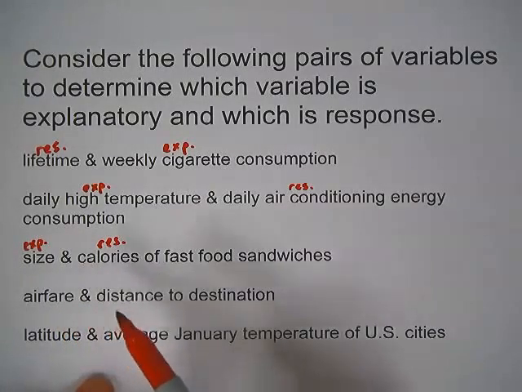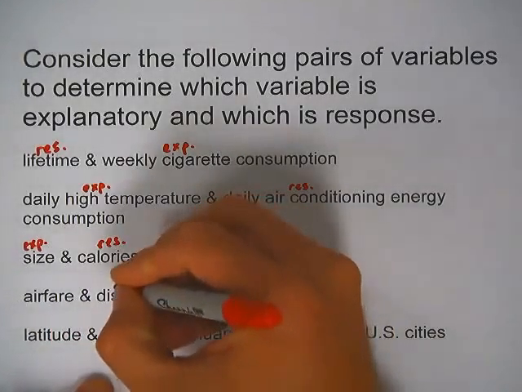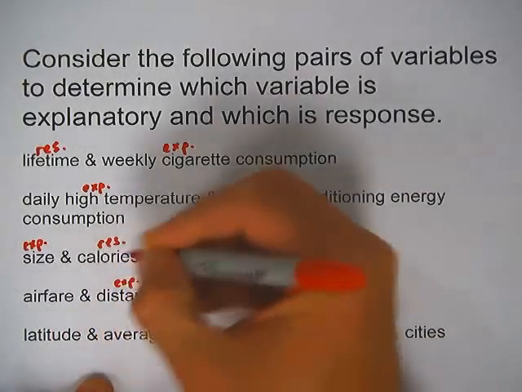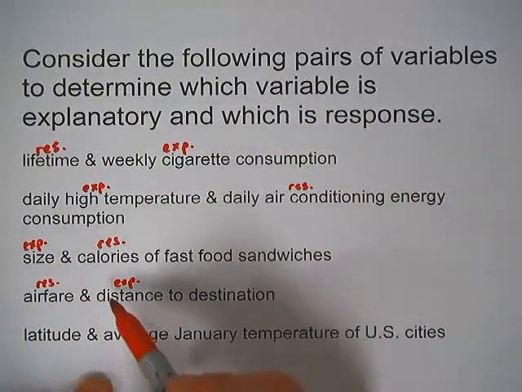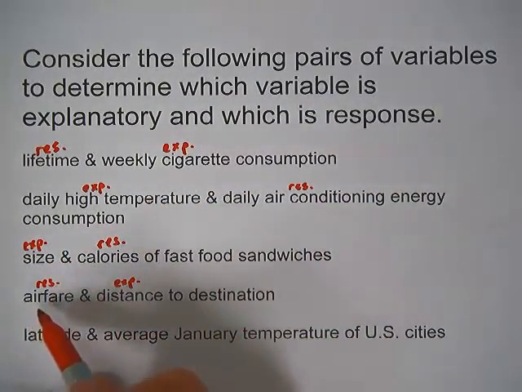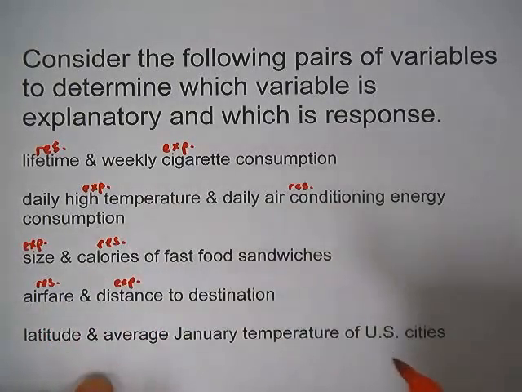So what I would say here is that the distance to the destination explains a change in airfare. And certainly there are going to be counter examples for each of these, but I would definitely say that airfare doesn't explain distance. Distance explains airfare.